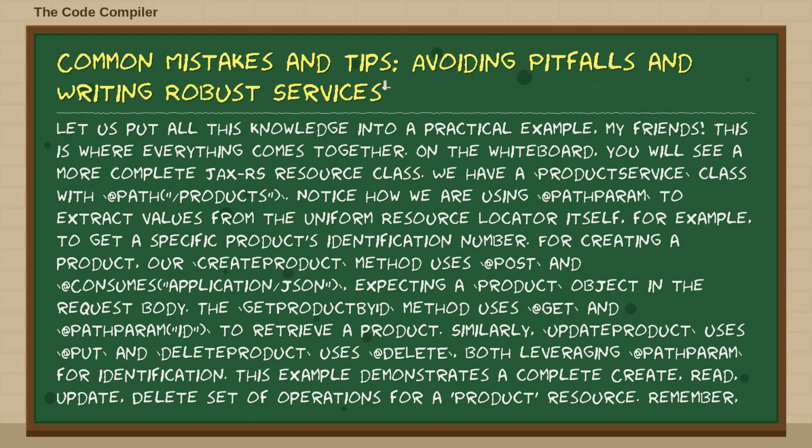Remember, clarity in your uniform resource locator design and method annotations is key for maintaining a clean and understandable representational state transferful application programming interface. Take your time to study this code. It is a blueprint for many real-world applications.